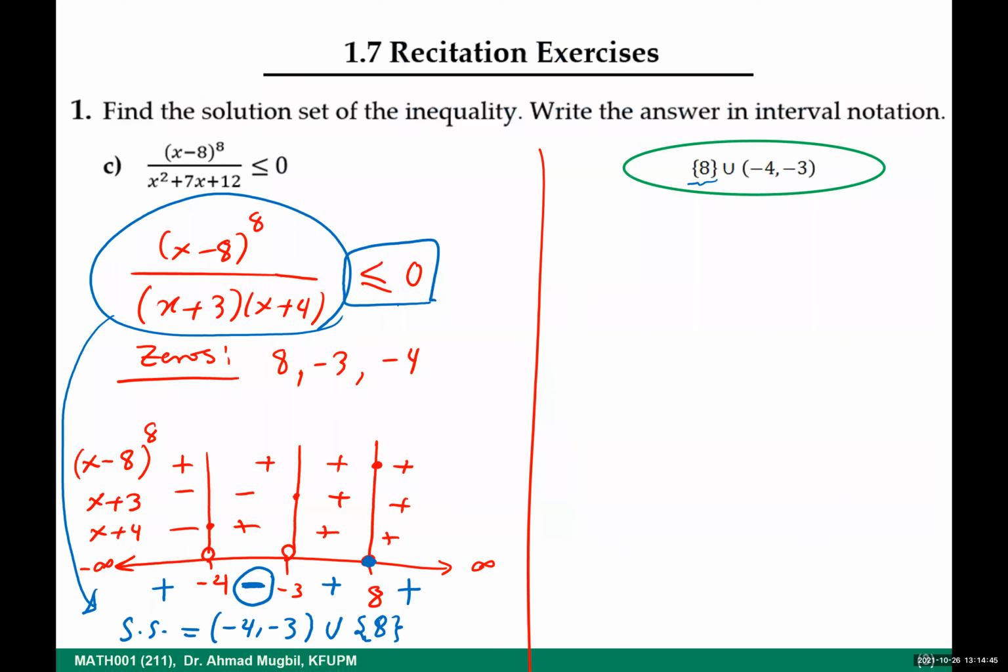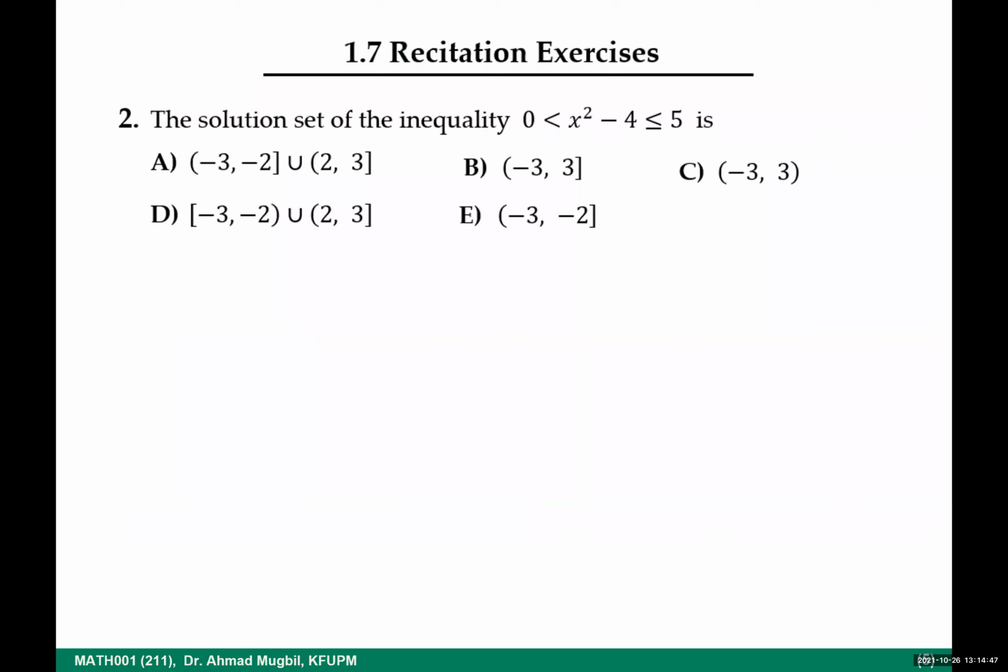Let me show you something. For example, let's take 4. 4 is less than 9, clear, right? Take the square root of both sides. 2 is less than 3, it works, right?